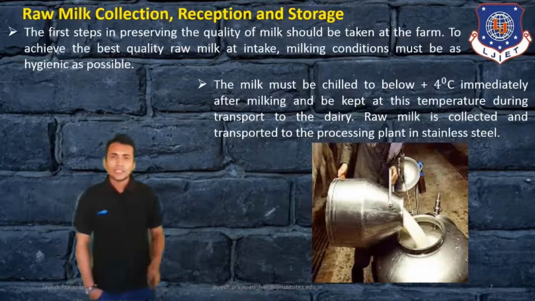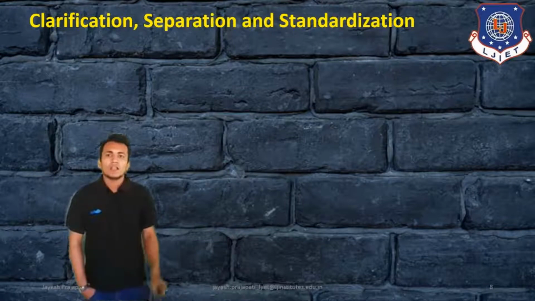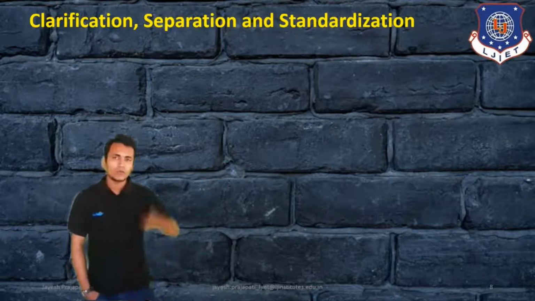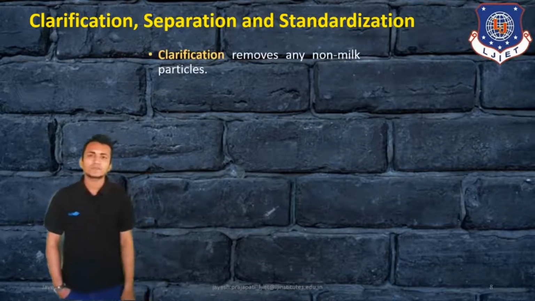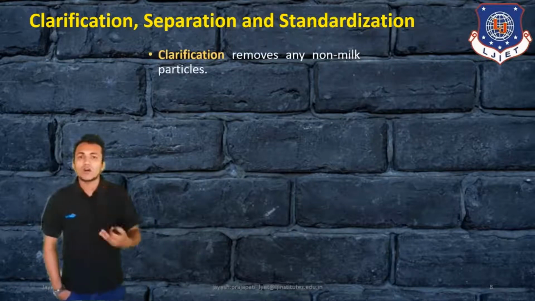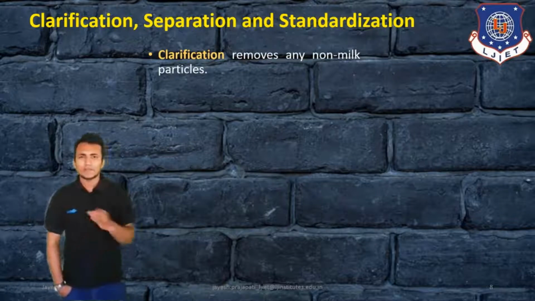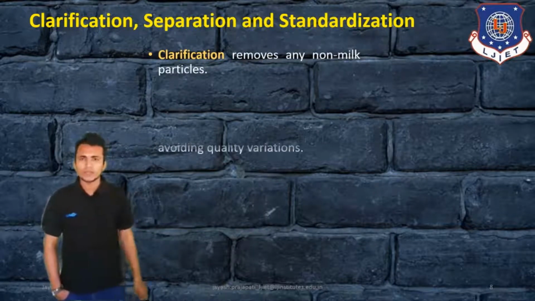Then the next step for the dairy processing is clarification, separation and standardization. In this we have to discuss the point that clarification removes any non-milk particles; milk can have different kinds of particles that can be removed by clarification.